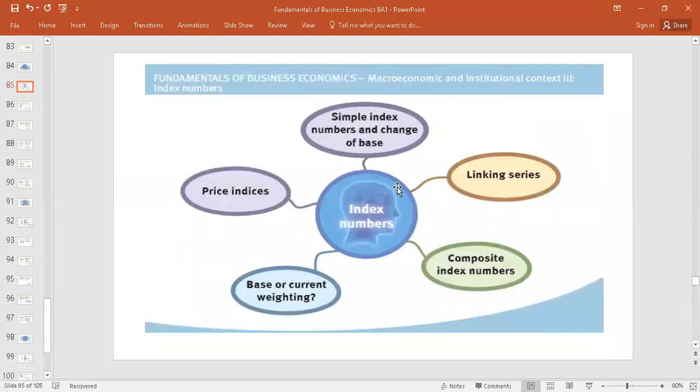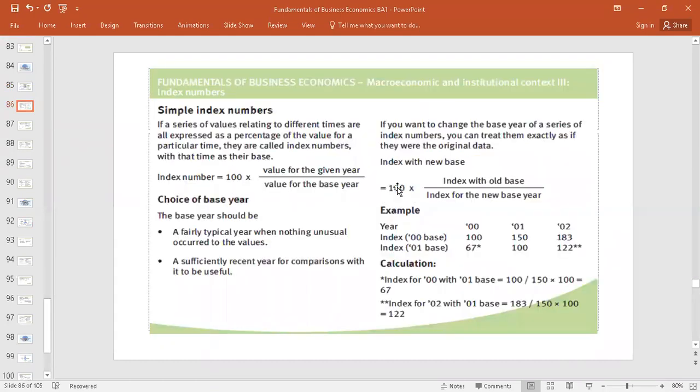We would be looking at simple index numbers and change of base, then linking series, composite index numbers, base or current variety, and price indices. I'll just give a small introduction about what are index numbers.